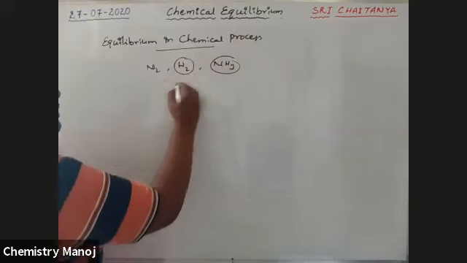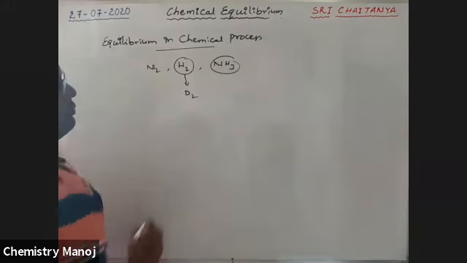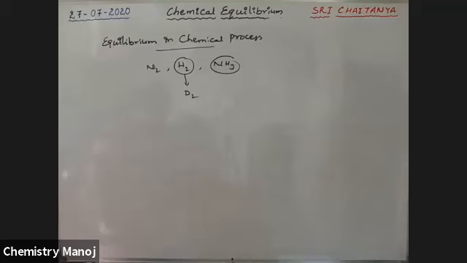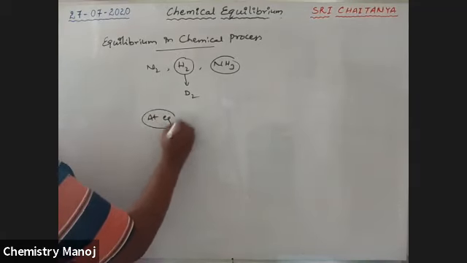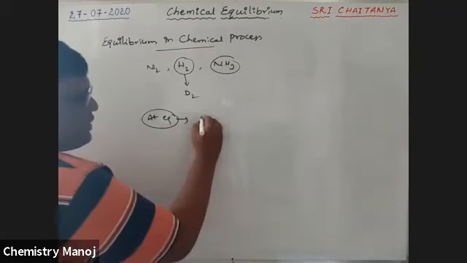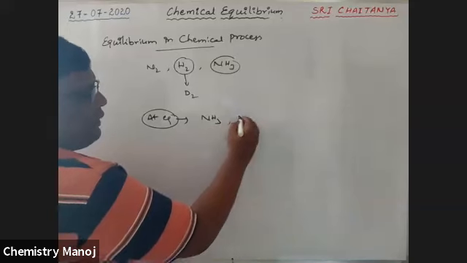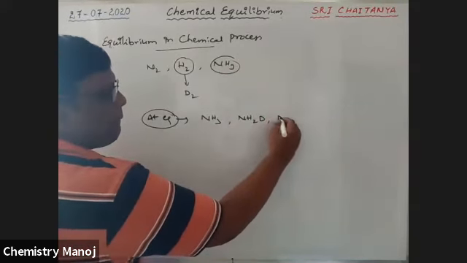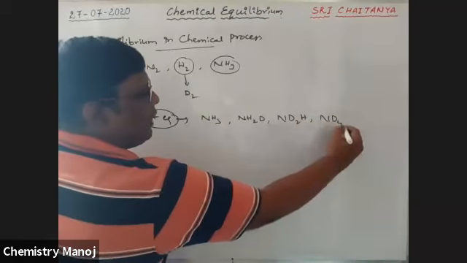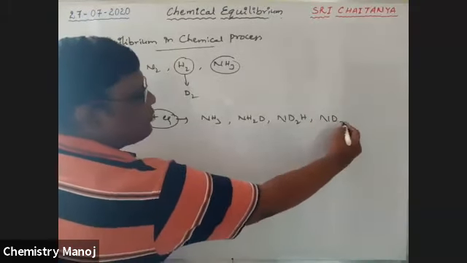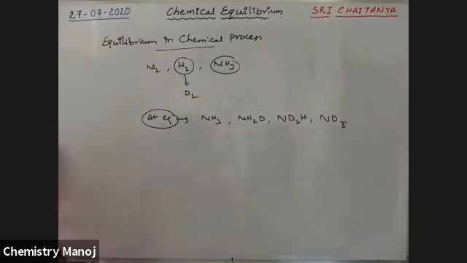So instead of hydrogen, if I take D2, what are the possibilities of the products? At equilibrium, we have NH3, NH2D, ND2H, ND3. All these are existent.